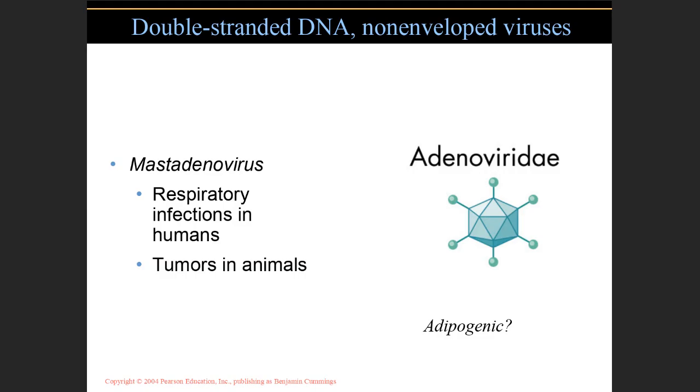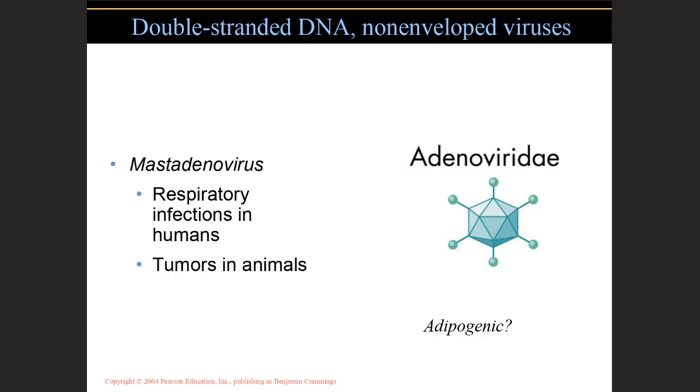All right, genicity. Adipo, we've already established, refers to adipose tissue. And we all know what adipose tissue is, right? Fatty tissue. And so what about genicity? Right, forming or producing, so the creation of.